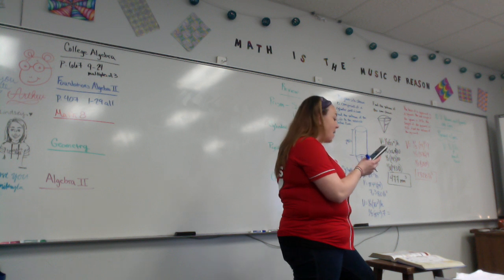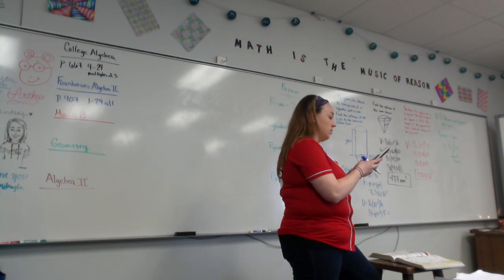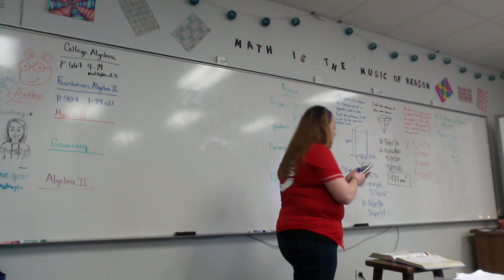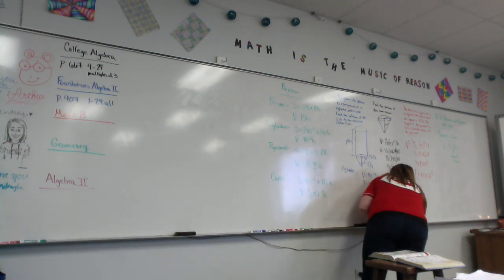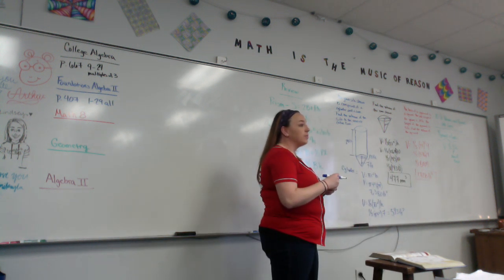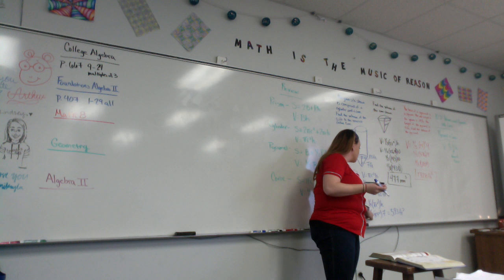Now multiply that by 3.14. And you did not take that answer and divide it by 3. So divide it by 3, and you get 593. Don't forget to divide by 3. You didn't finish this problem out.